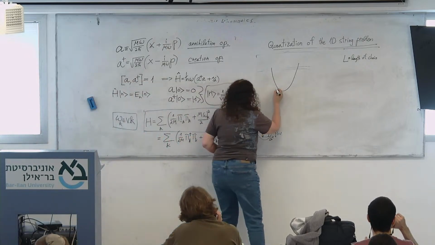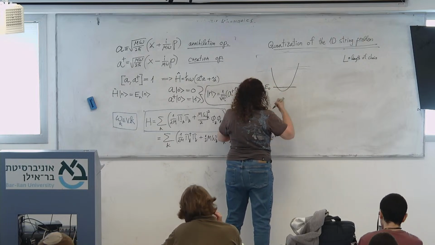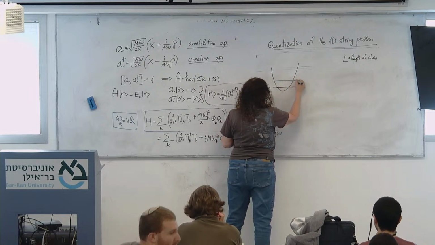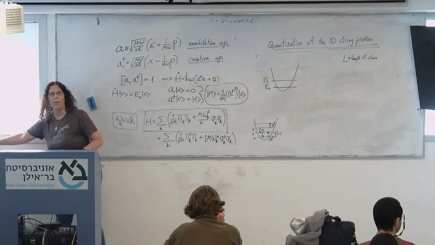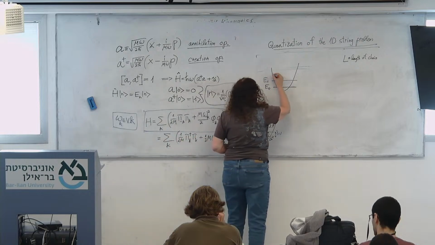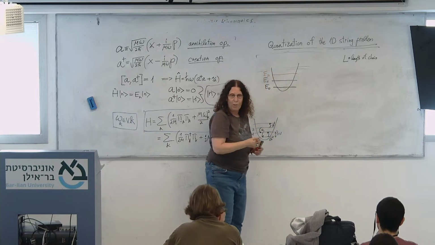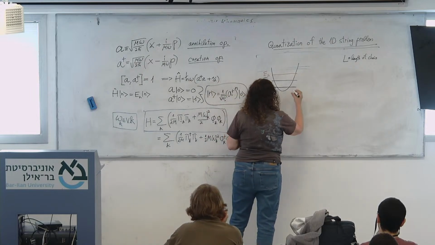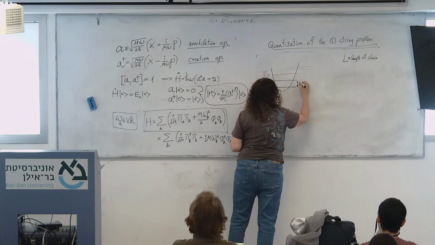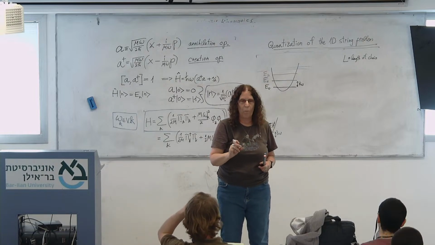This is E0, this is E1, and this is E2, etc. I have an infinite ladder. The difference in energy between one level and the next is always the same: a single quantum of energy, h bar omega.